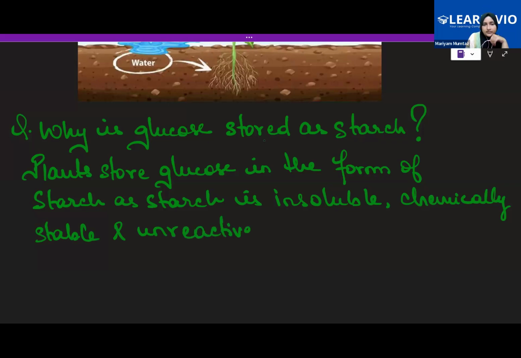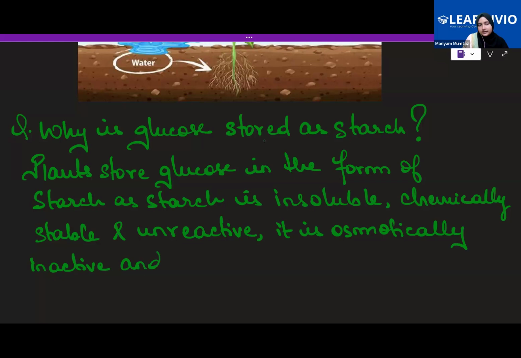Okay, it is chemically stable and it is unreactive. But it is also osmotically inactive. Meaning, do you people remember hypotonic, hypertonic? Yeah. Right? So this particular starch is immune to that. It will not make the area swell up or shrink down. Those things will not happen. Okay. So it is osmotically inactive and perfect.